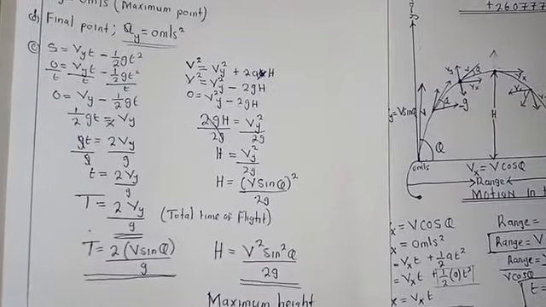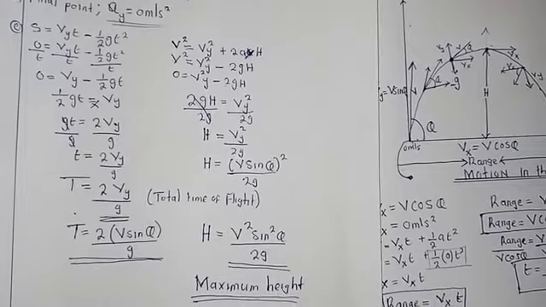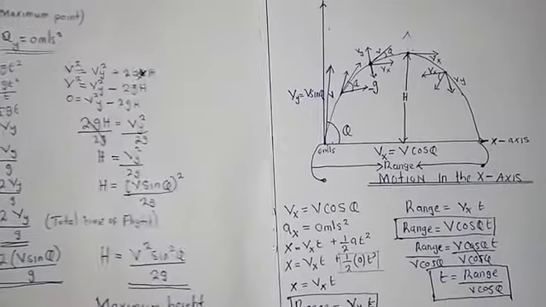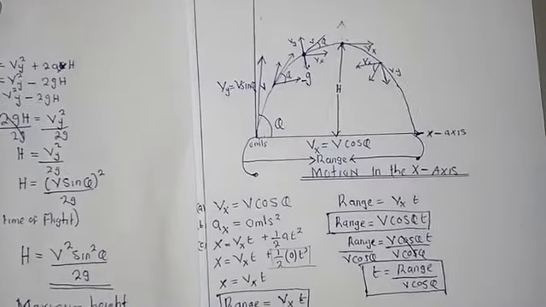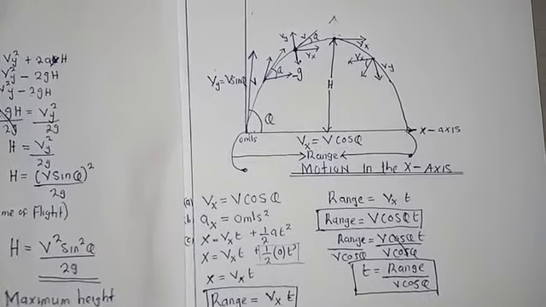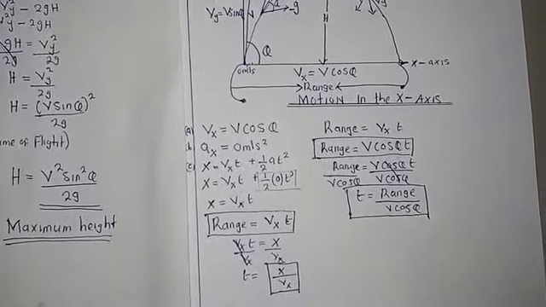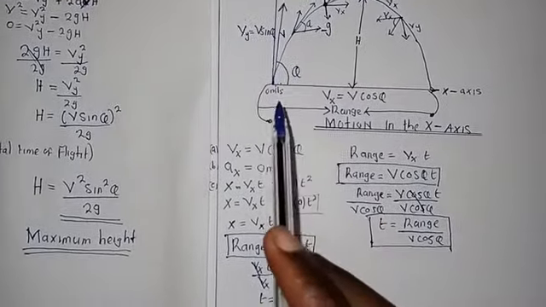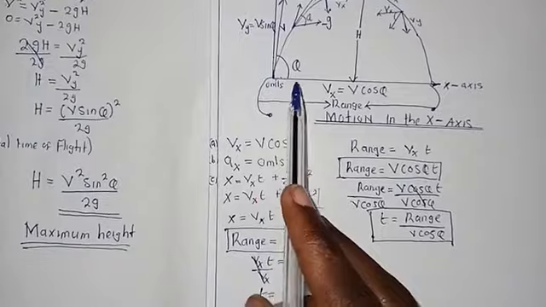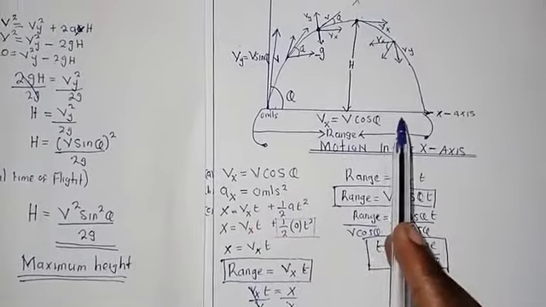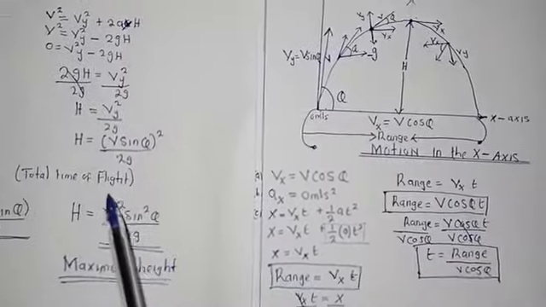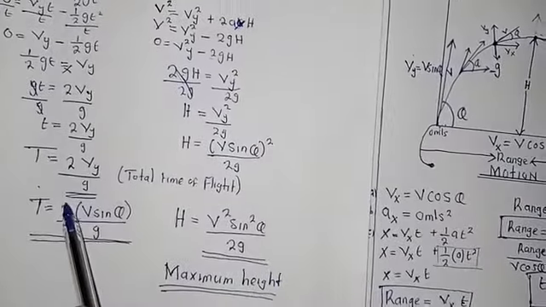So this is everything that you are supposed to know about projectile motions. They are very simple to understand. You just have to know how to deal with the formulas given in particular. Okay, so a rewind of everything. So this is the range from here to here. You can find the total time of flight, which we found to be here.